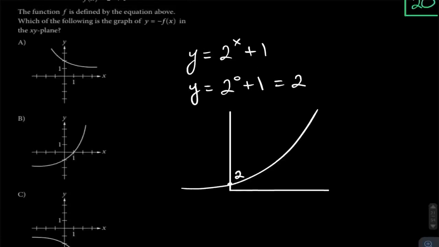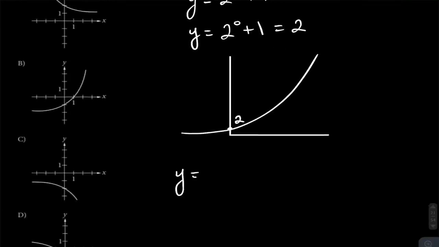So now what we're doing is we are putting a negative out front. And what you need to know is that if you negate an entire function, you're going to end up here with y equal to negative this entire thing, the 2^x plus 1.